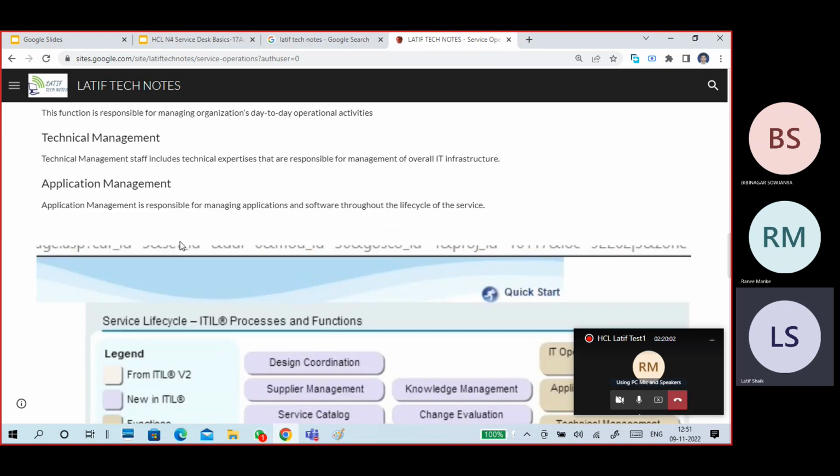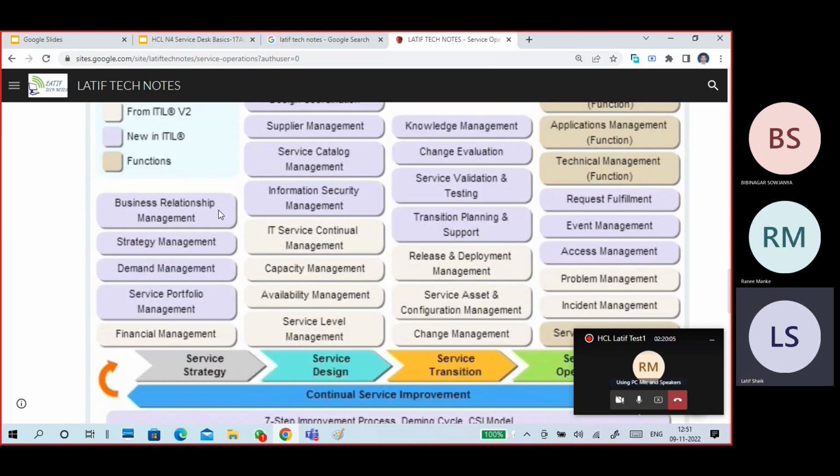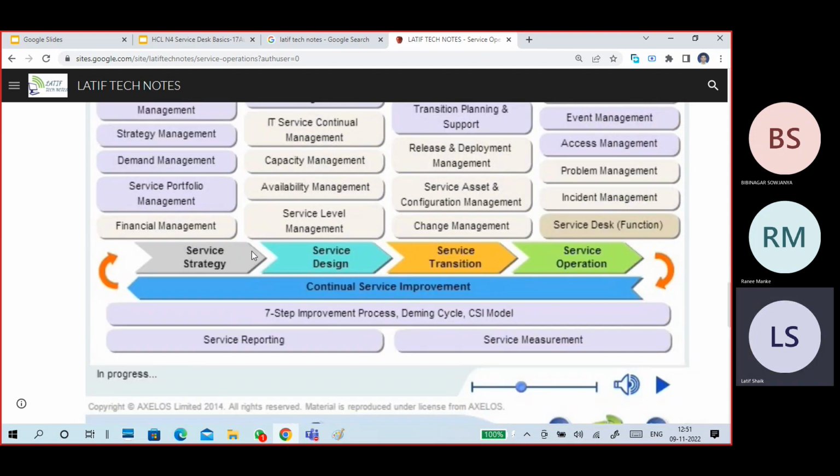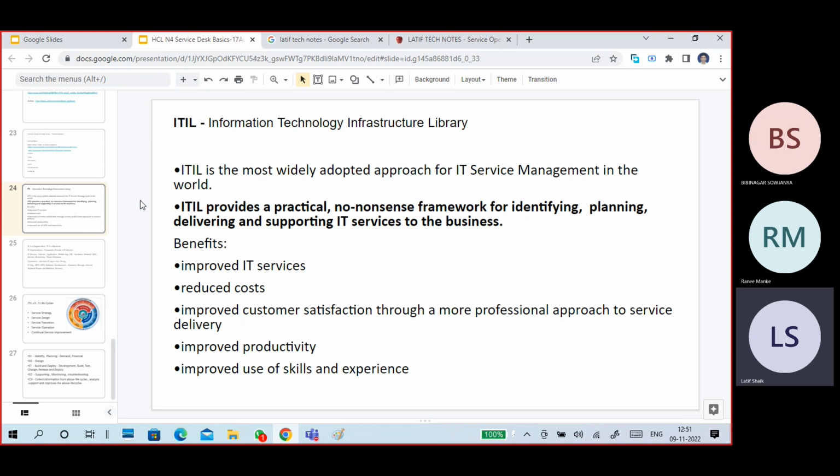Different types of service desk. And this is the ITIL full size picture, the ITIL life cycle picture. Each life cycle is there. If possible, I will explain everything; otherwise, you can adjust with the basics.